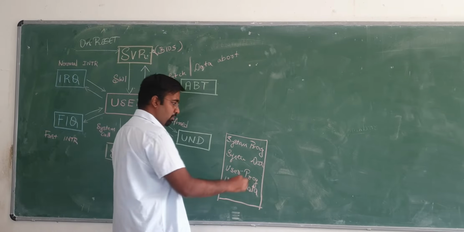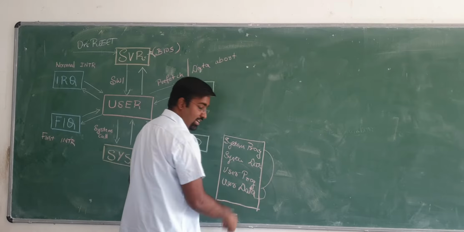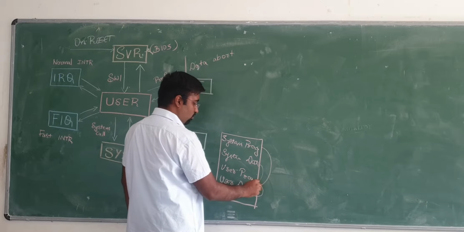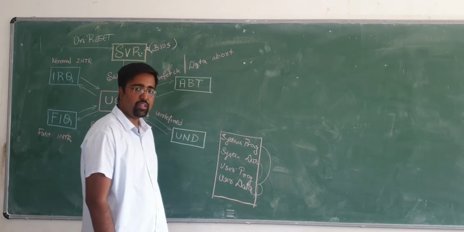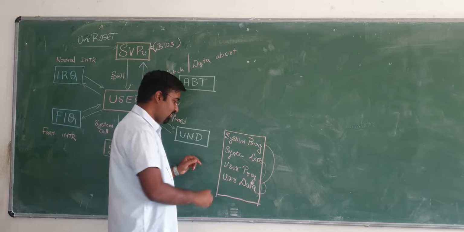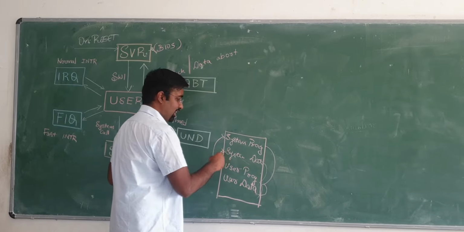System program can access user program as well as user data. System data can also access user program or user data. But user program should not access system program or system data.